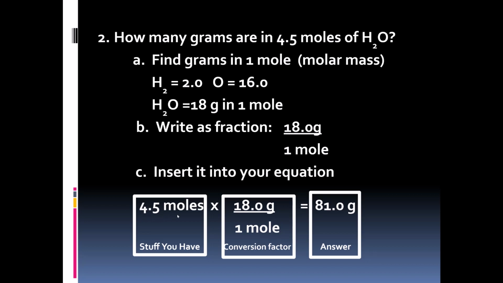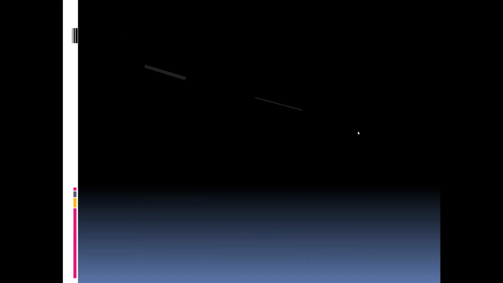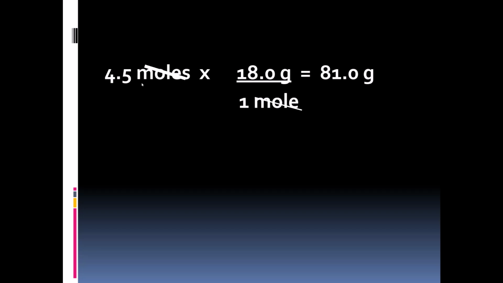So we have 4.5 moles times 18 grams per 1 mole. Your moles will cancel out and you'll get your answer of 81 grams. So hopefully so far it's not so bad. There's how you do the math and the unit cancellation there. So 4.5 times 18 divided by 1 is 81.0 grams.